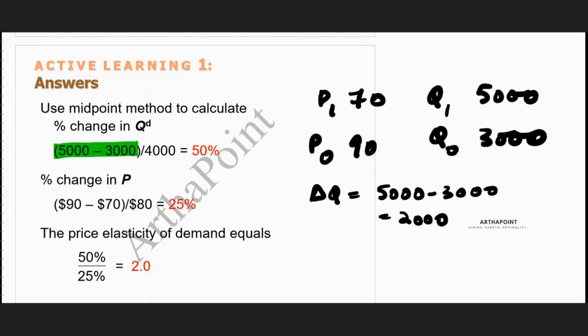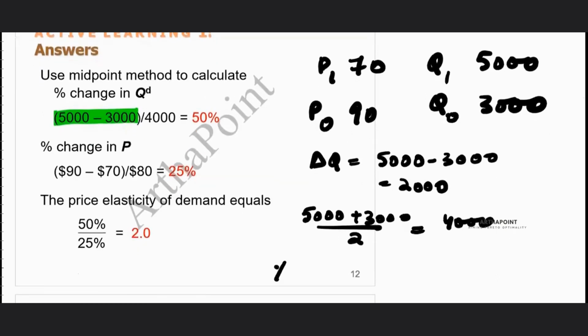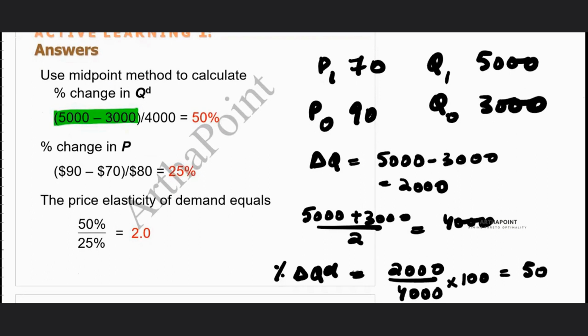And the average of quantity will be 5,000 plus 3,000 by 2, which will be 4,000. So percentage change in quantity demanded will be change in quantity upon average, into 100. So this will be 50.